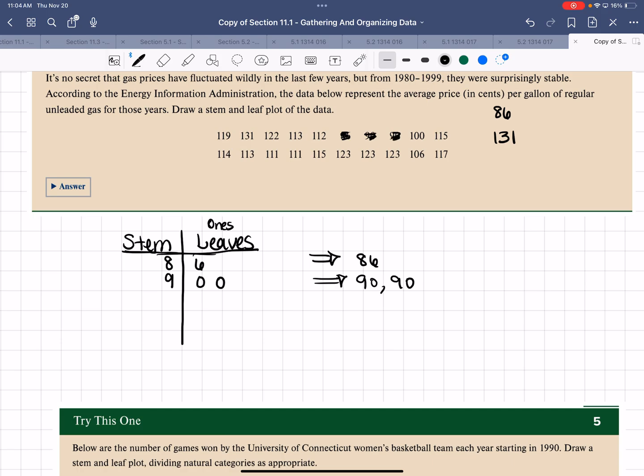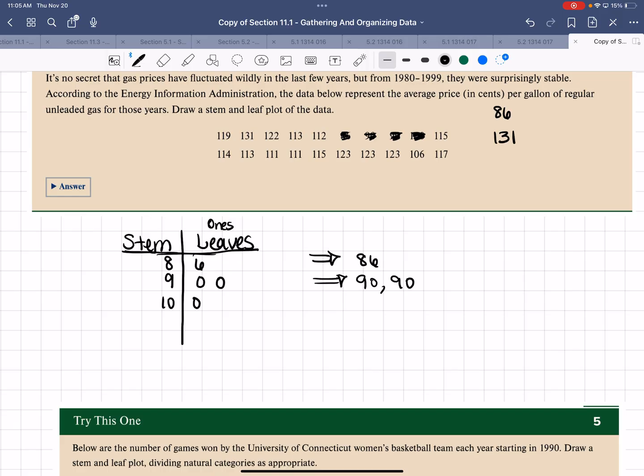All right, now after I didn't have anything but 90, let's look at 100. Let's look at the values from 100 to 109. Okay, do I have an even 100? Yeah. So I put a 10 in the stem, I put a 0 over in the leaves.